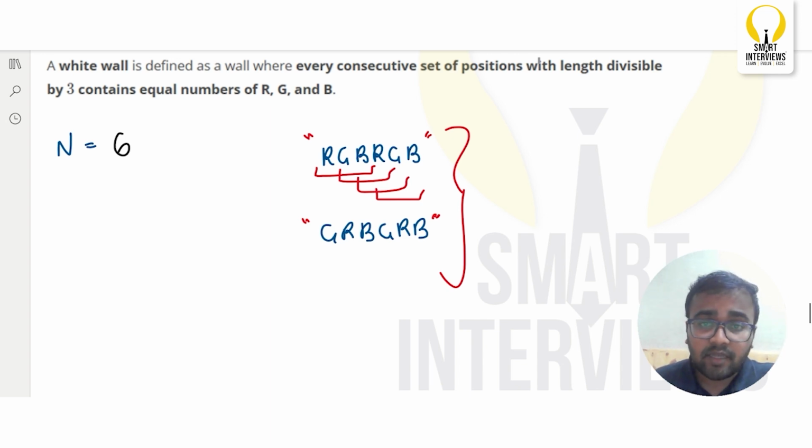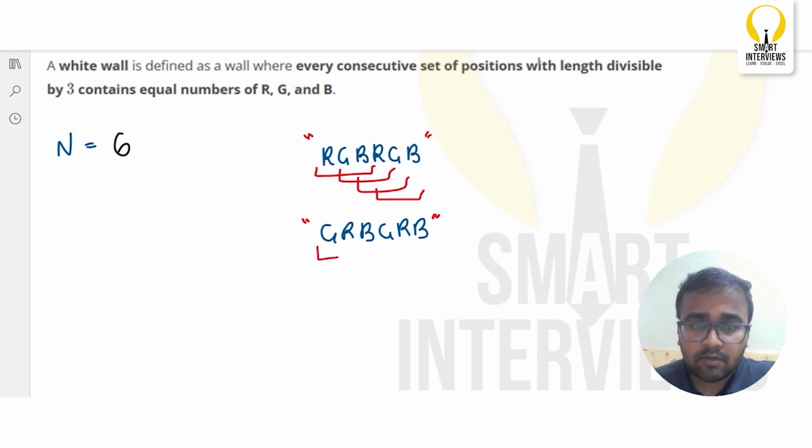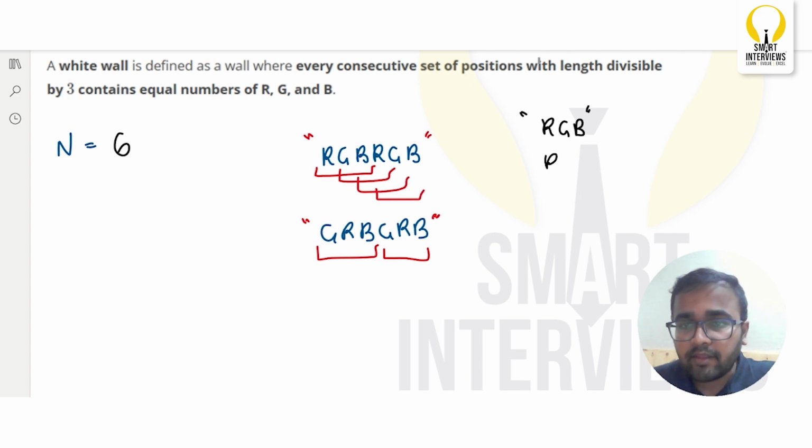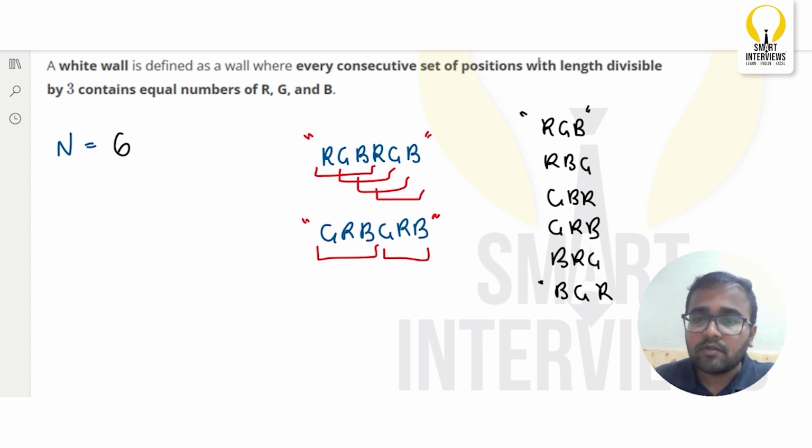Now such patterns can be formed. We can get a lot of patterns using size 6. You can repeat RGB, or you can repeat RBG, you can repeat GBR or GRB, or you can also repeat BRG, BGR.